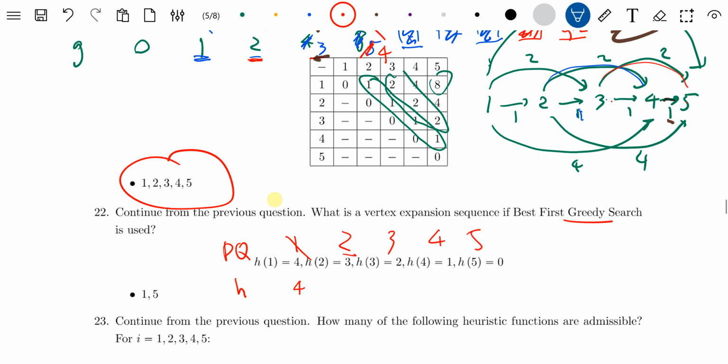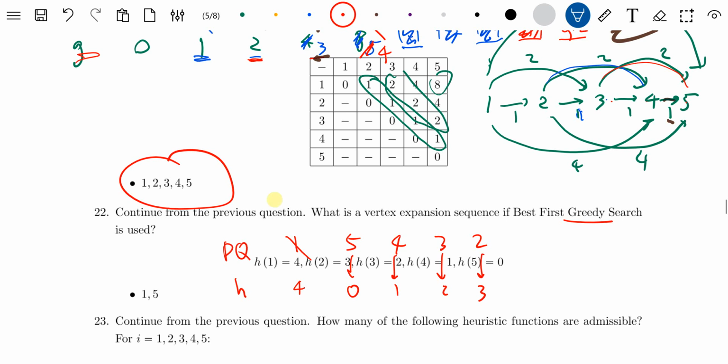So when you add them, you don't use the G anymore. You don't care about what happened so far. You just use the estimated heuristic, and this is 2. So we're putting them in the wrong order. So let's do them again. It should be 5, 4, 3, 2. So 5 corresponds to H value 0, 4 is 1, 3 is 2, and 2 is 3.